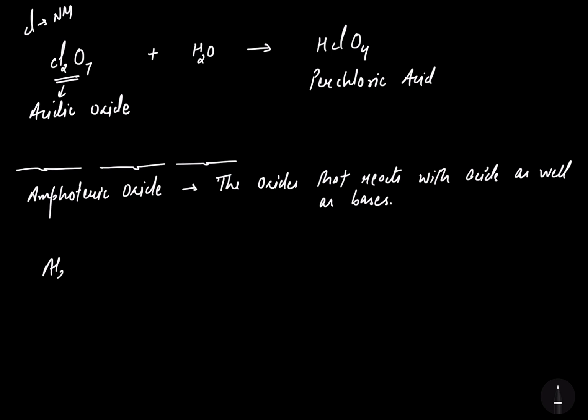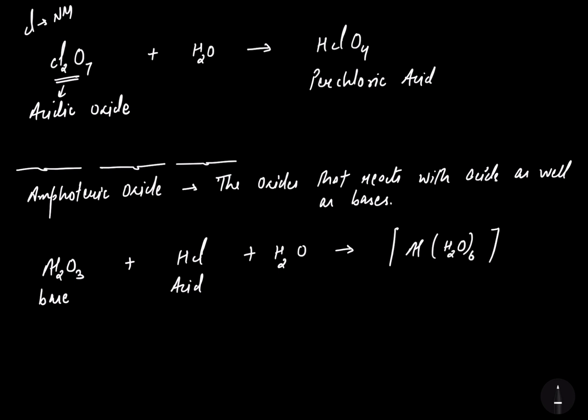Aluminium oxide, that's Al2O3. When Al2O3 reacts with any acid, let me take HCl, so it's an acid, here Al2O3 will act as a base and it will react in presence of water to form the aluminium hexaaqua complex with chloride, so it has formed a coordination complex.